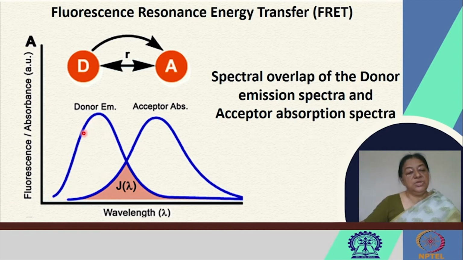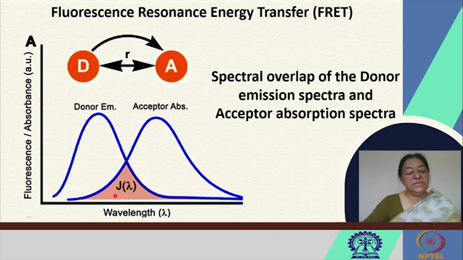Now, this emission can result in the excitation of an acceptor within a certain distance from it. If it is in close proximity, the donor emission can excite the acceptor absorbance, where there is an overlap of the donor emission spectrum and the acceptor absorption spectrum.